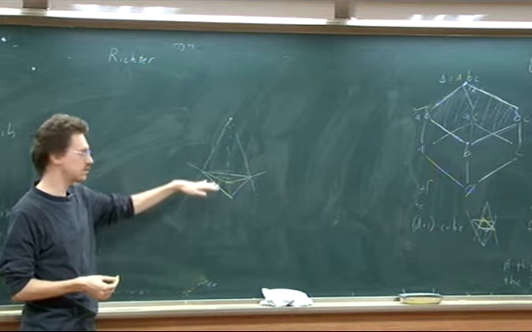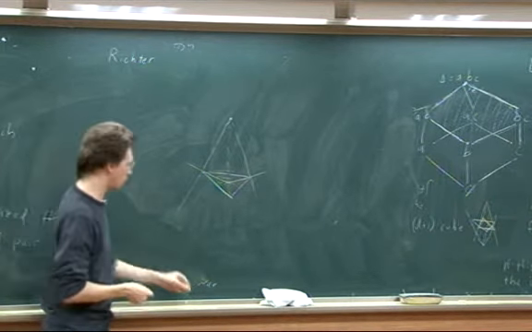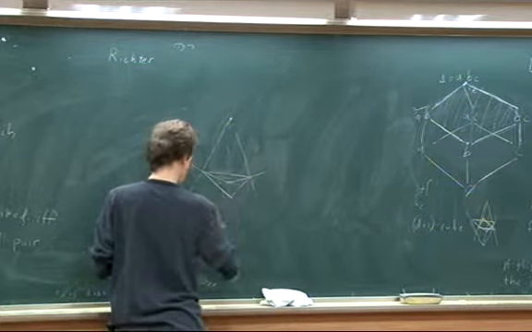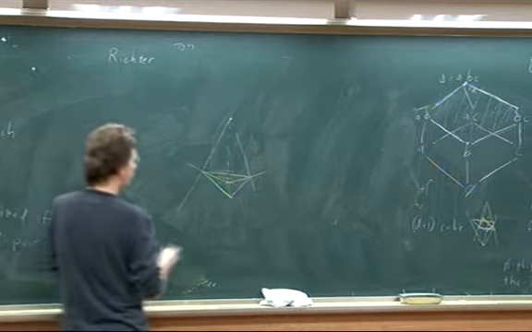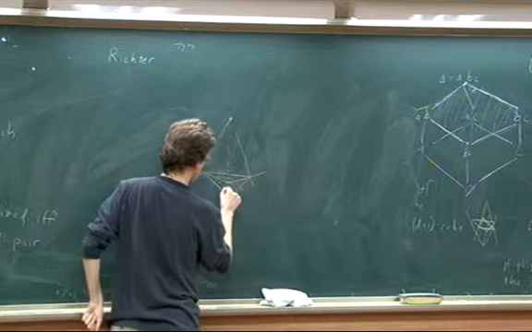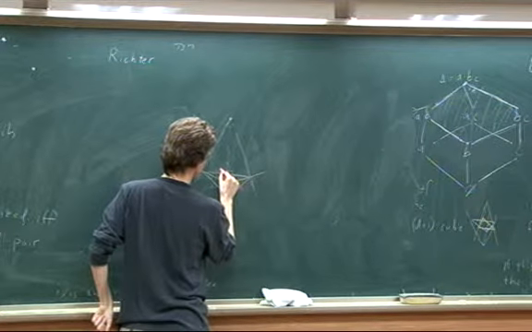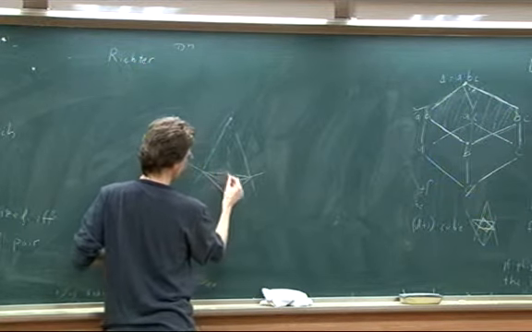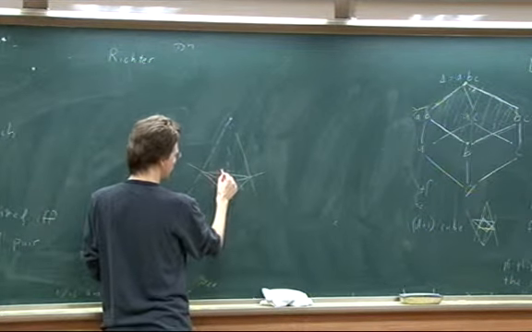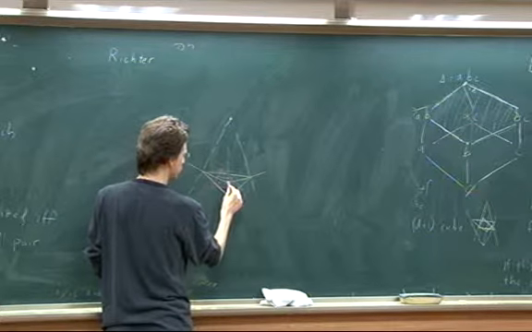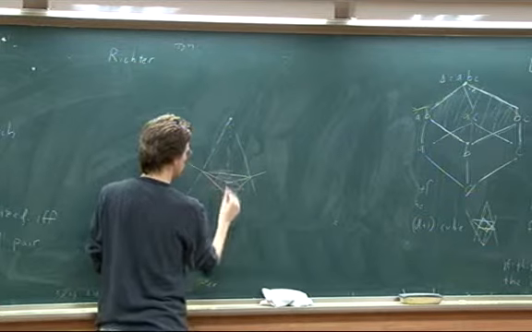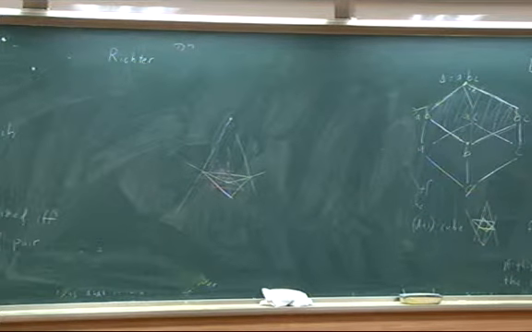So if you have a dual one here, and you say, now what's the projection of some other face of the cone corresponding to the cones over this vertex? The projection of that will be a ray that goes through here. So that's how you can go back and forth between these two.